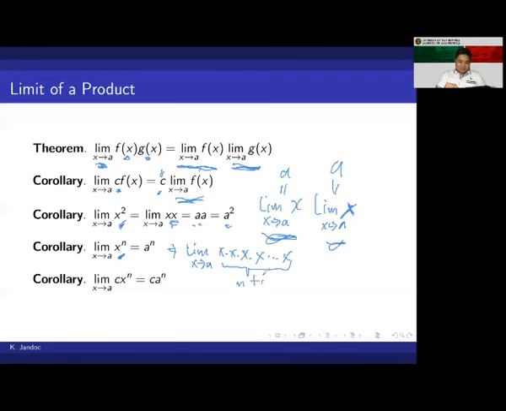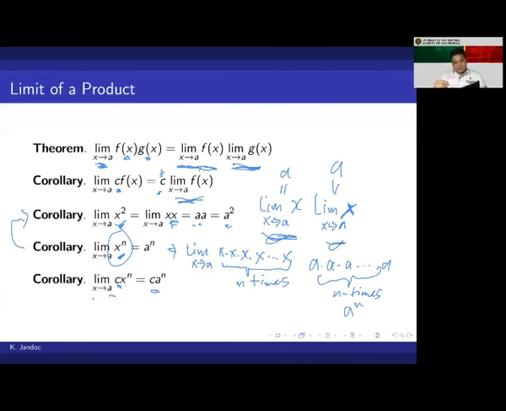Then a corollary of this line over here says this is just a times a times a, n times. So this is a raised to the n. Combining everything, if you have this function with a constant c and x raised to n, that limit as x approaches a is just the constant c times a raised to the n.